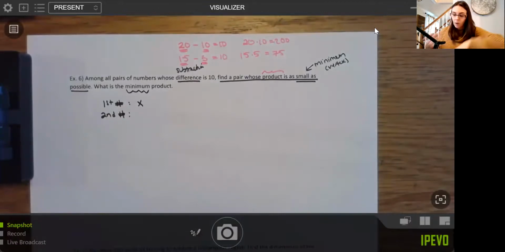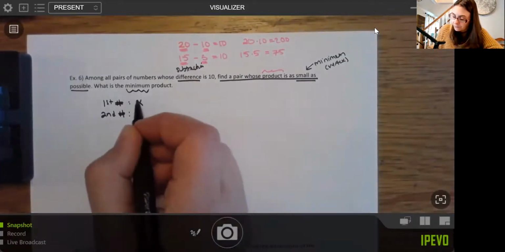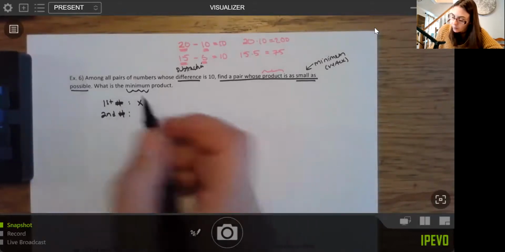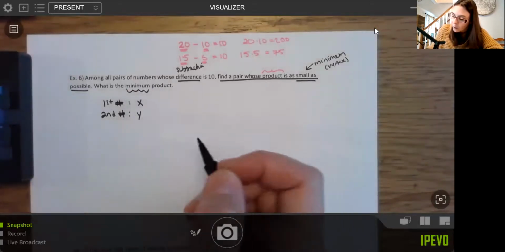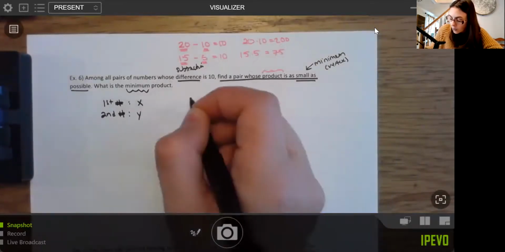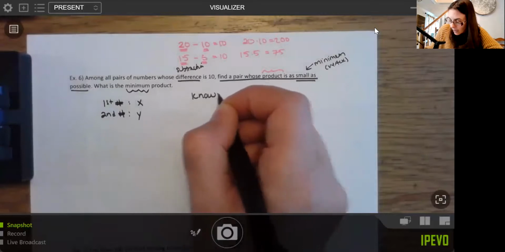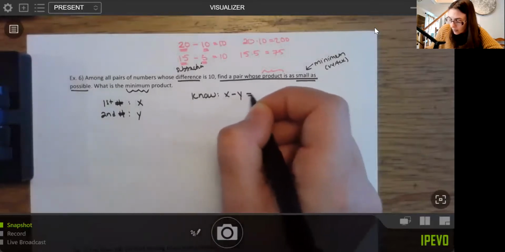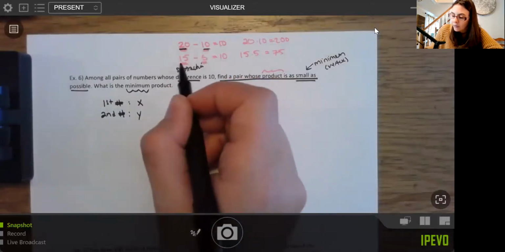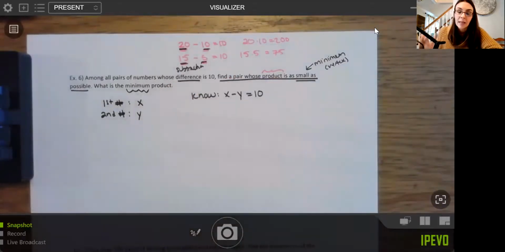So think about, well, if the first number is x, and then we're looking for the other number, we'll just call it y for a second. Well, we know that these two together are going to subtract to be 10. So we know that x minus y should be 10, right? If we subtract them here, our x and y's were 20 and 10 or 15 and 5. We want that end result to be 10.